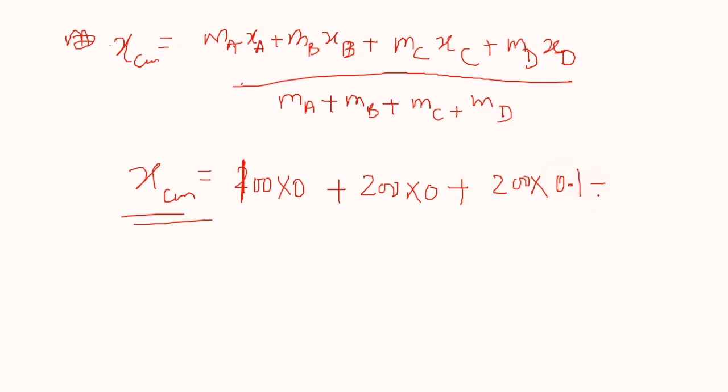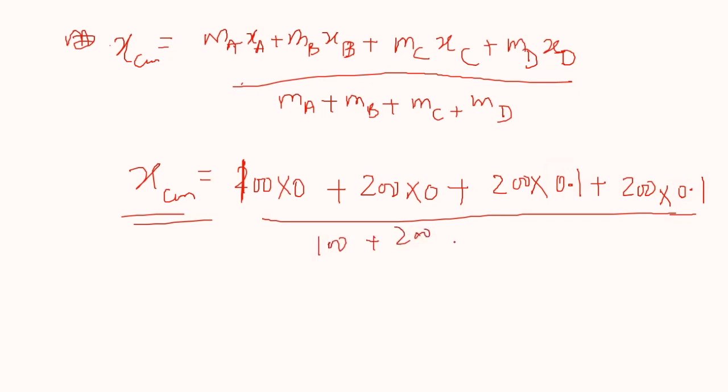So this is 0.1 into MD, which is 200 grams, into 0.1, divided by MA 100 plus 200 plus 200 plus 200. In the numerator and denominator both are in grams, so the unit gets cancelled out.